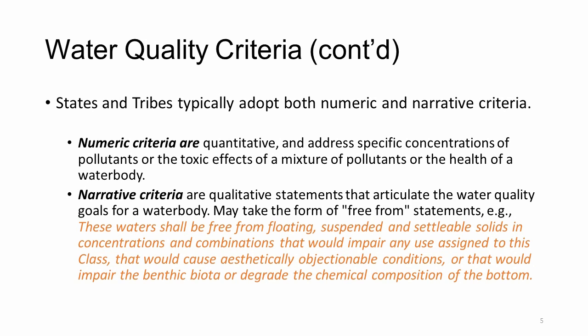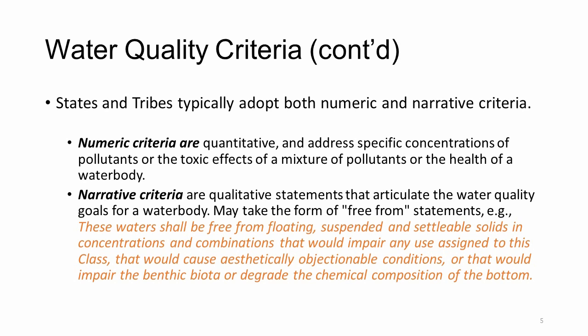The narrative criteria, on the other hand, are a little bit trickier. They are qualitative statements, and there's an example here from the Massachusetts Water Quality Standards. This is a typical narrative, pretty broad, and has the language "free from" woven throughout it.